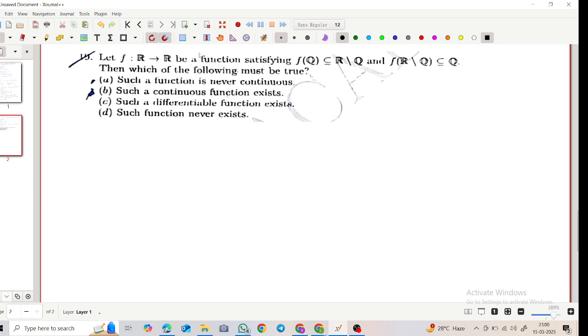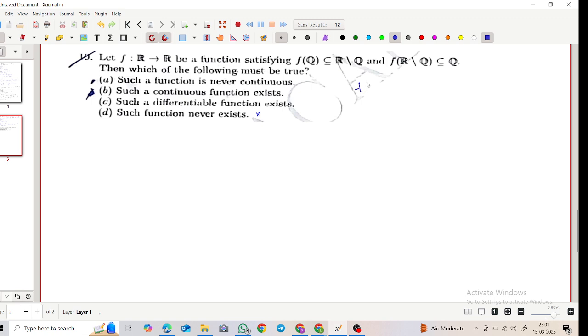Okay, so if f from R to R is a function satisfying that the rational part is getting mapped inside the irrational part, and the irrational part is getting mapped inside the rational part. Such a function is never continuous. First of all, the existence part, I mean, this cannot be true, right?